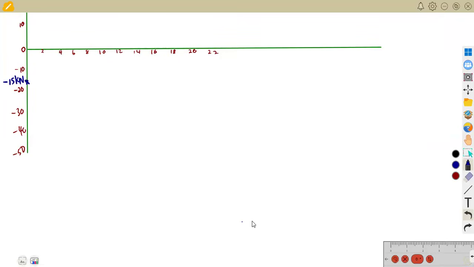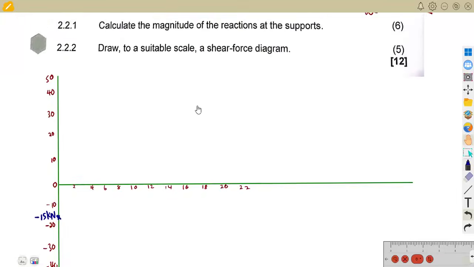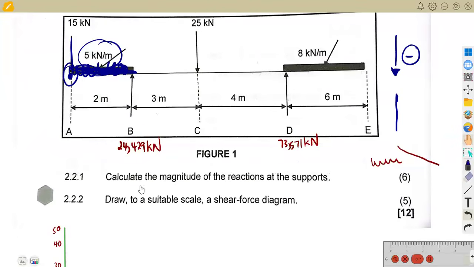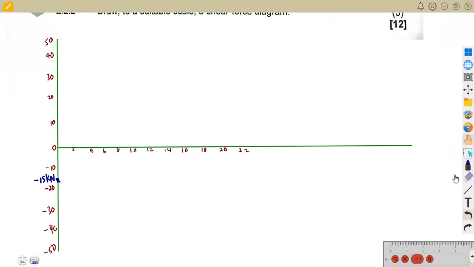Then we subtract the 5 kilonewton for 2 meters, meaning to say we're going to end up at negative 25. This corresponds to after 2 meters at B. According to your scale, maybe this is where you have your 2, so it's 2 versus negative 25, which might be somewhere here.